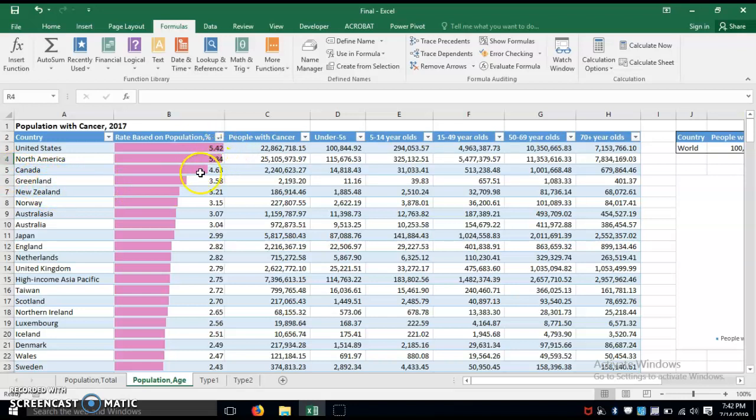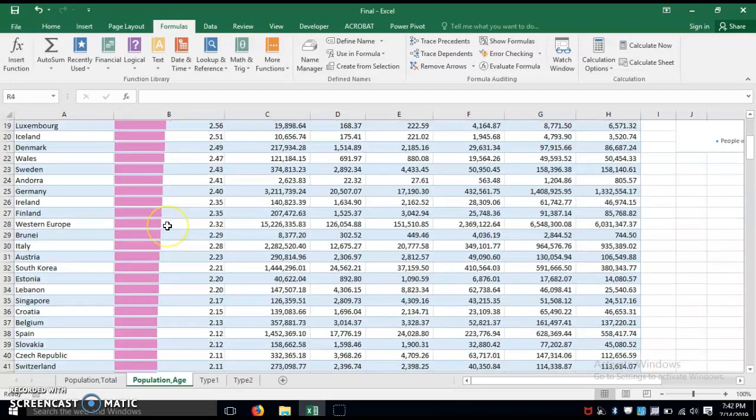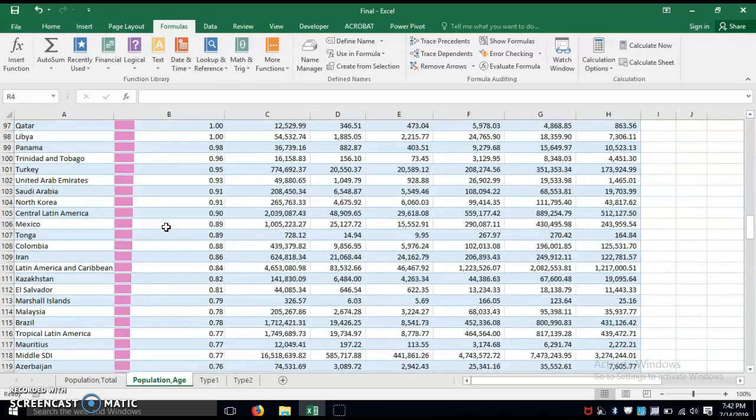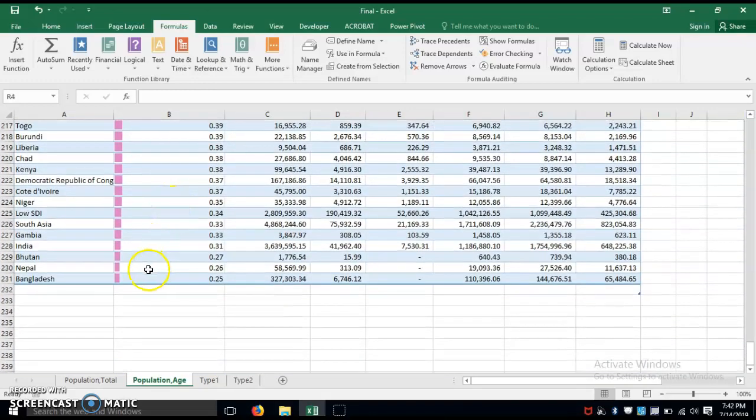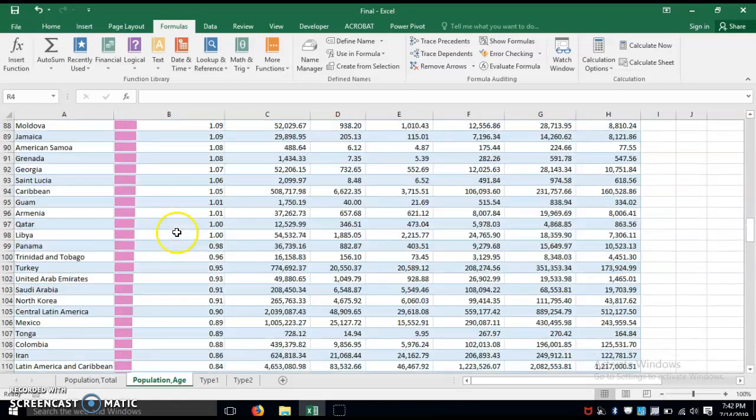As we can see, here are the nice bars showing countries from the highest to the lowest rate of cancer. The lowest rate belongs to Bangladesh, Nepal, India, South Asia, so these kinds of countries.